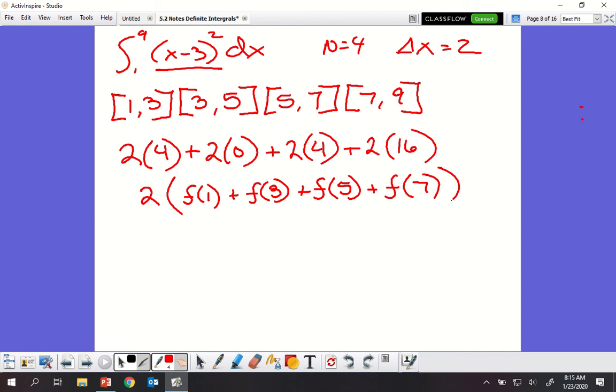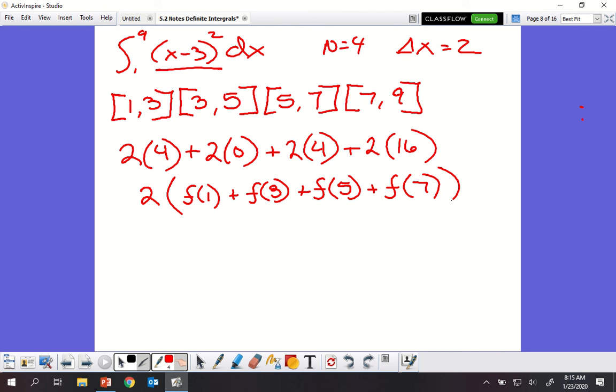Now, why do you think I actually wrote it out like this, in this manner? Yes, handy dandy calculator. The calculator is super helpful on some of these because you're going to get some nasty ones later on. So I'm writing it out like this so you could actually see this is what we did. We plugged in our function, and you could see where they're going and where it's coming from.